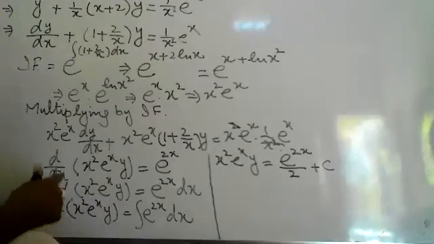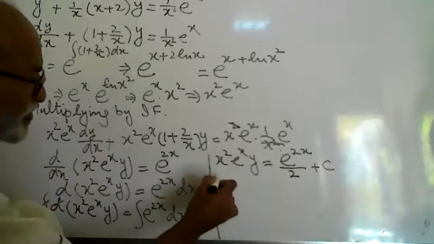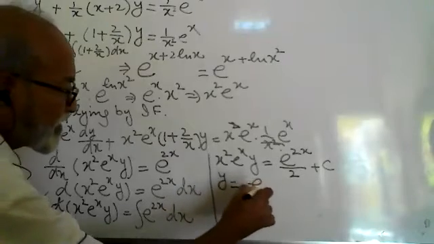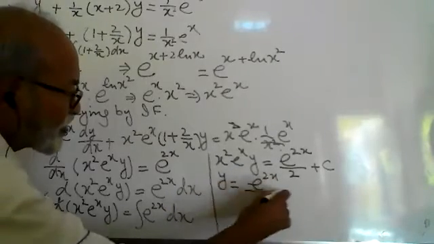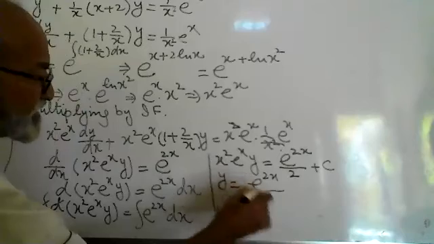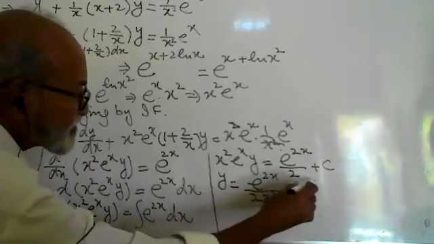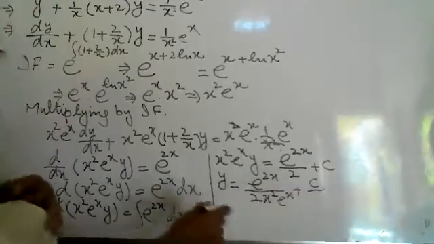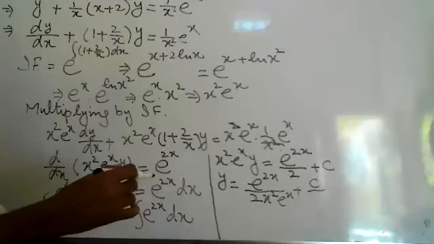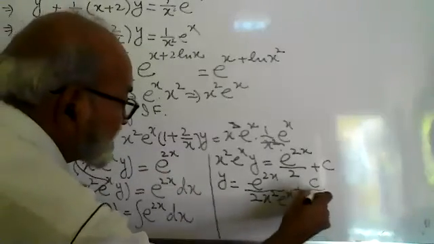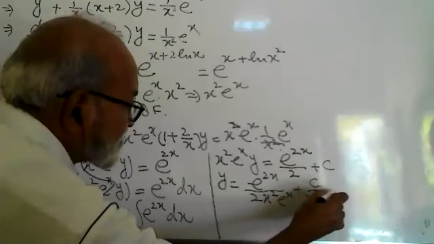You may find, if you divide by this one, y will become e raised to power 2x upon 2 x square e raised to power x. We will divide this, and divide this also, c upon x square e raised to power x.